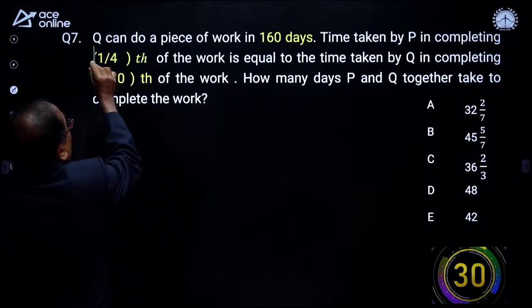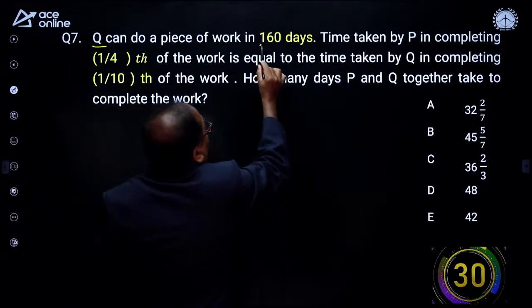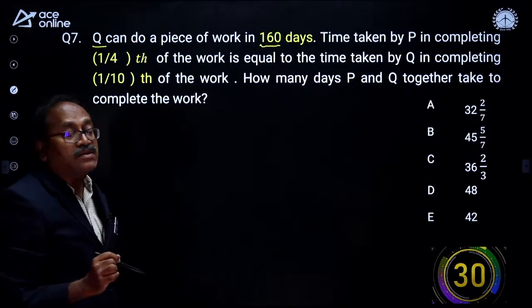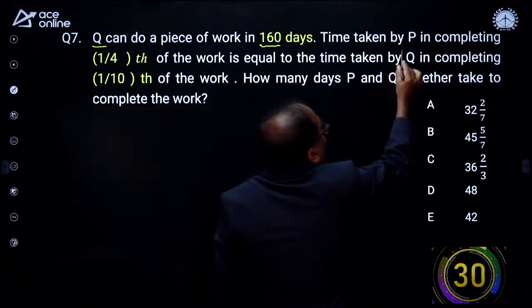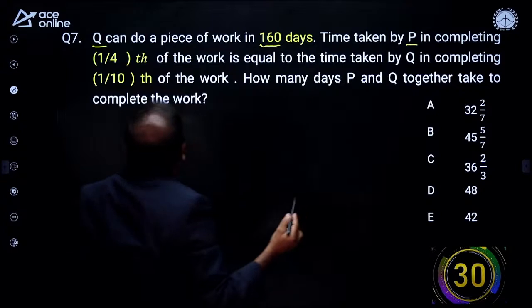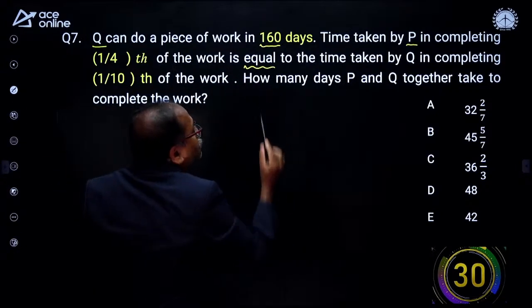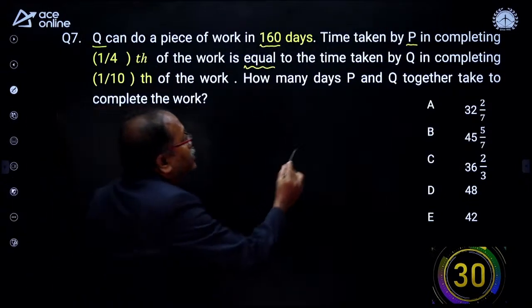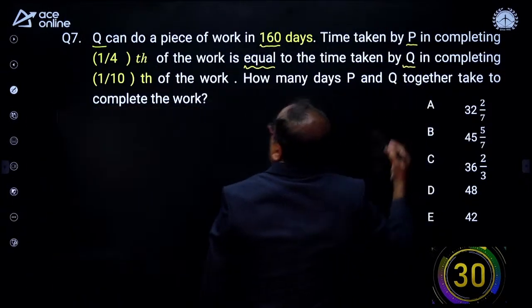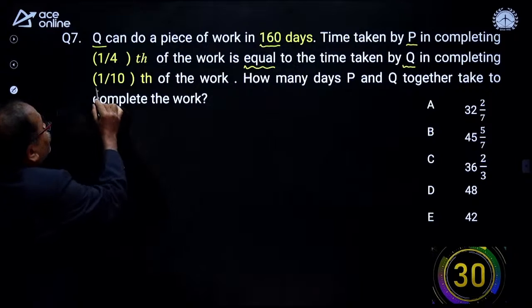Q can do a piece of work in 160 days. The time taken by P to complete 1/4 of the work is equal to the time taken by Q to complete 1/10 of the work.